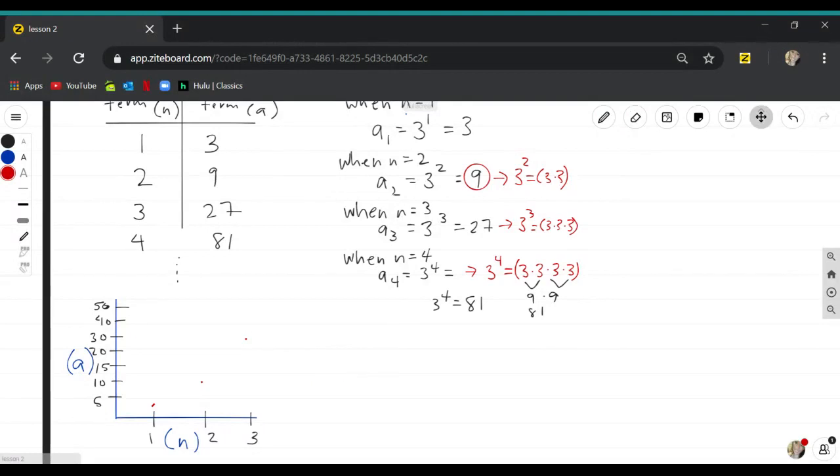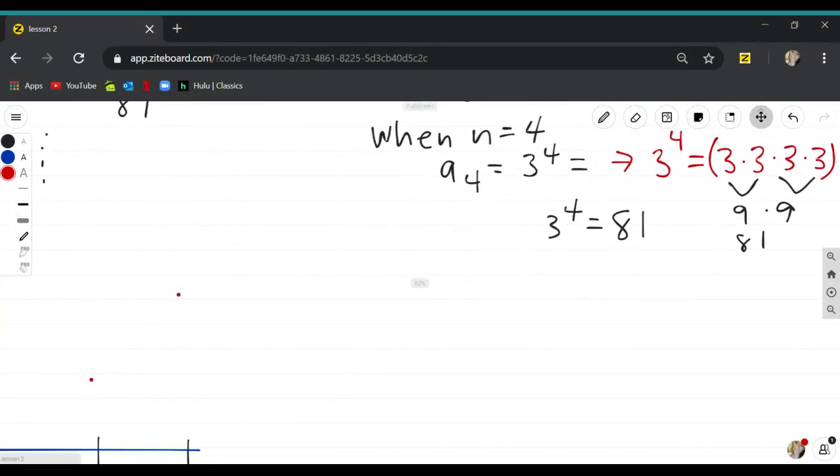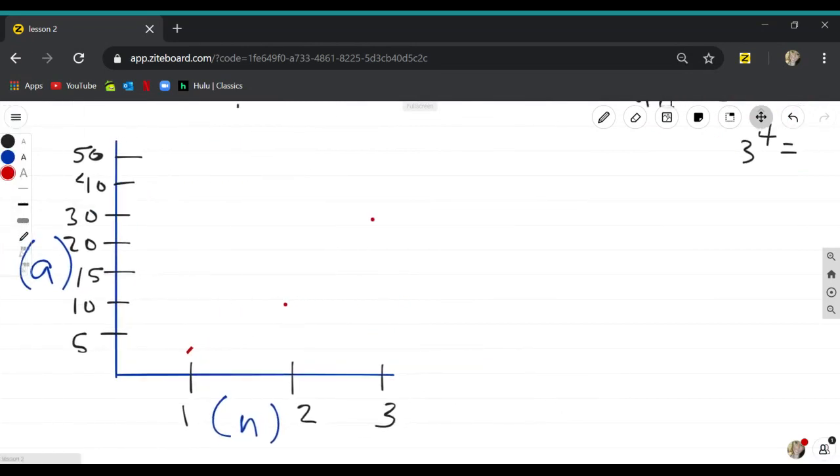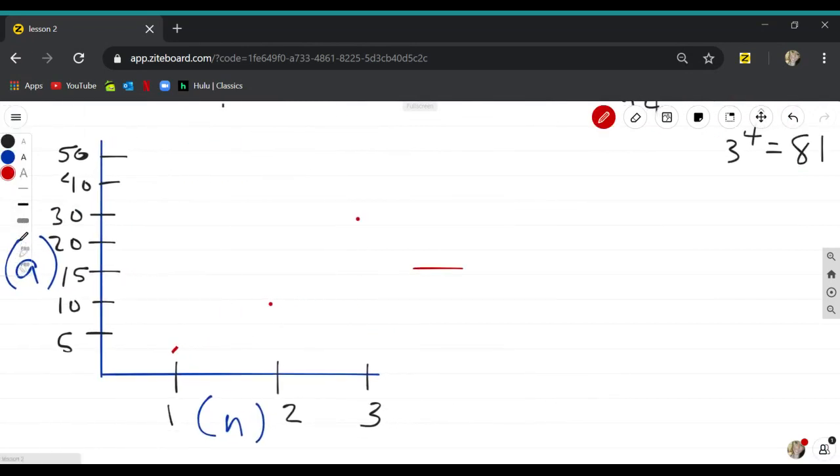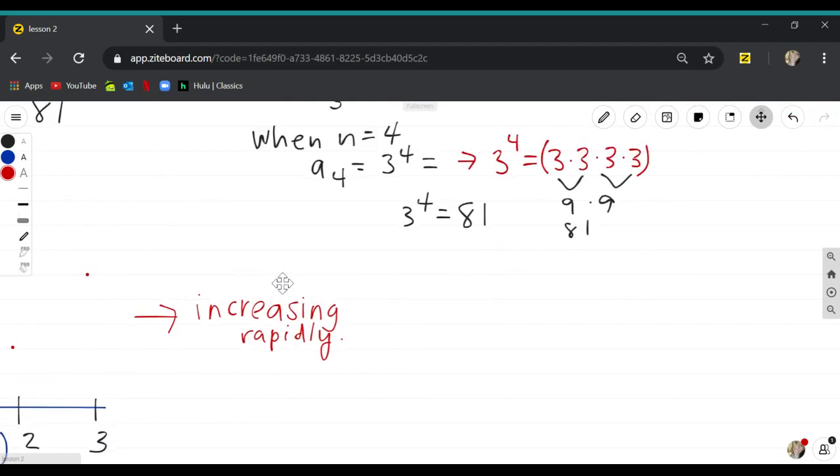I can go ahead and zoom this so that everybody can see what I'm talking about. So this chart is increasing super fast. Just in case I ask you guys, how fast is the graph growing? Then it's increasing rapidly, right? Okay, so that's it.